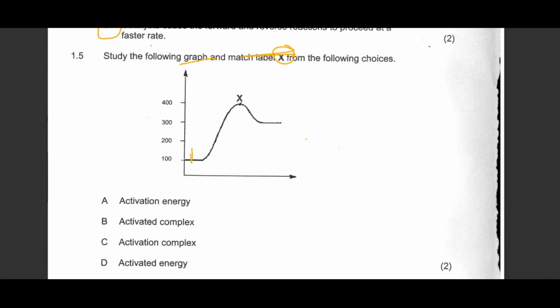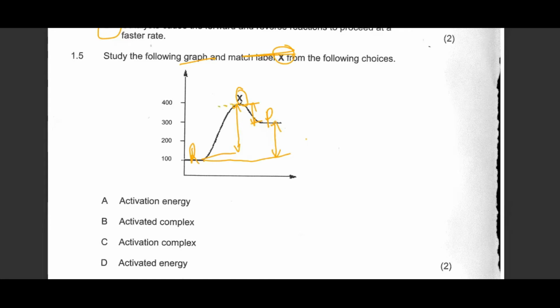We know that these are reactants and these are products, and this is the activation energy for the forward reaction, this is the activation energy for the reverse reaction, and this is the change in energy, or the enthalpy change. Now what about this, which is on top here?